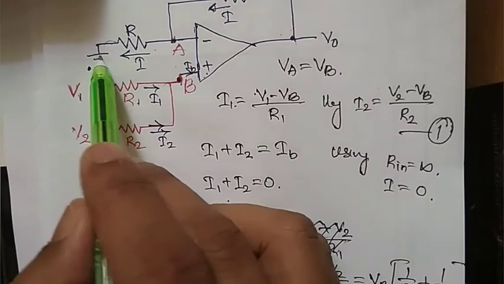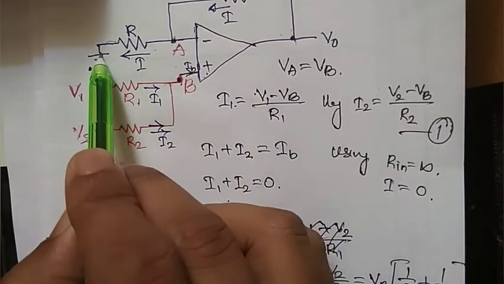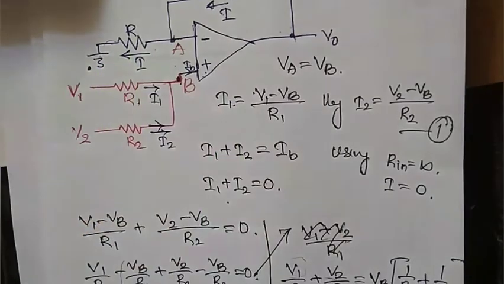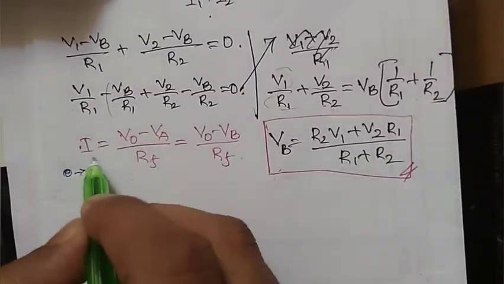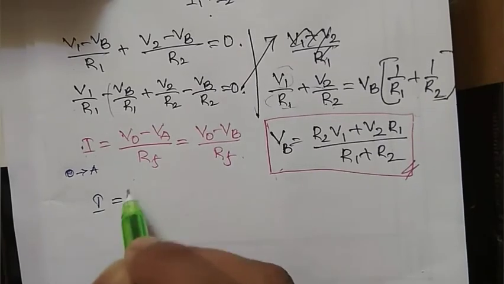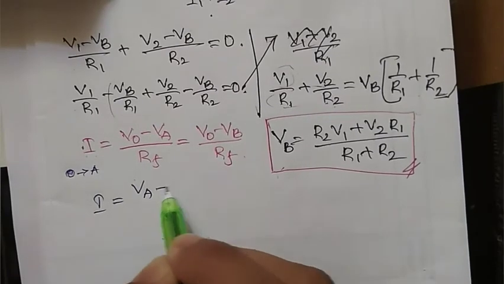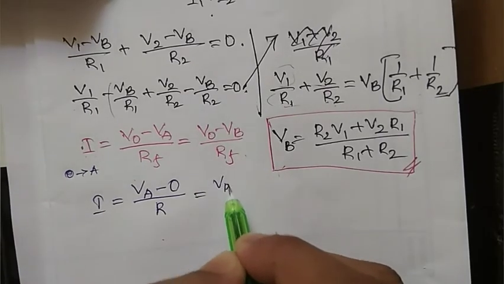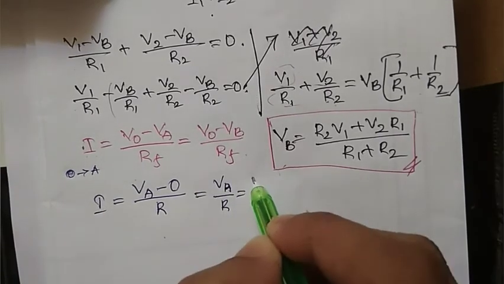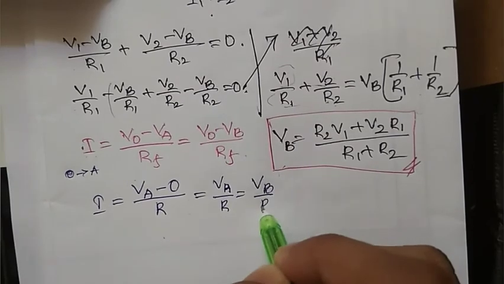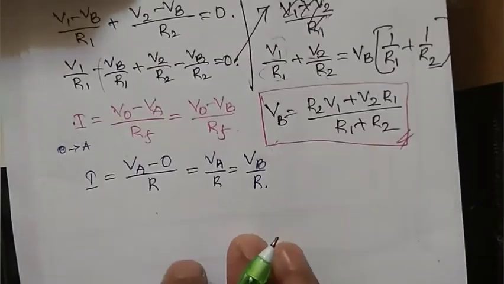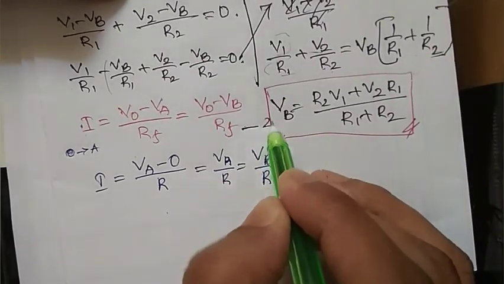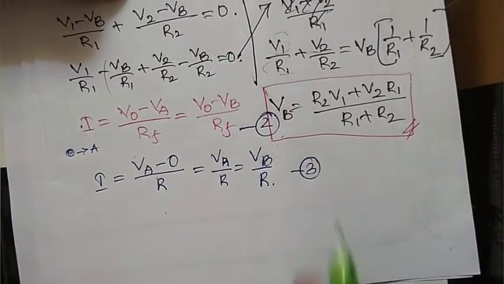Now we have another current, that is VA minus 0 divided by R. So this is another current, I equals VA minus 0 divided by R. It is treated as VA by R, also considered as VB by R. Now equating these two equations, equation number 2 and equation number 3.